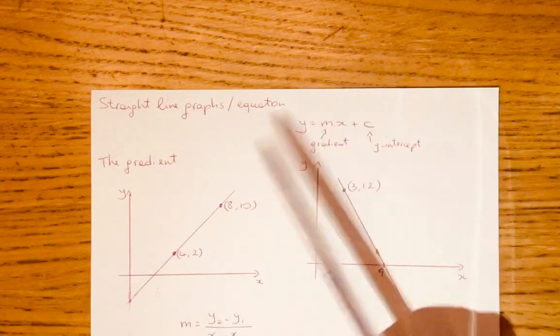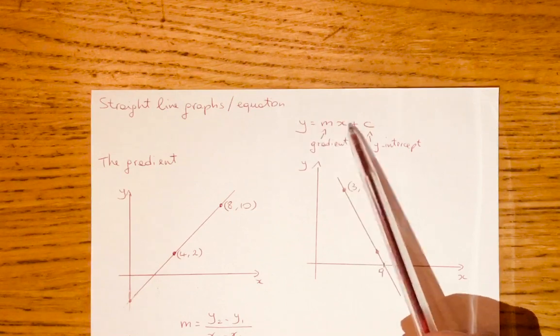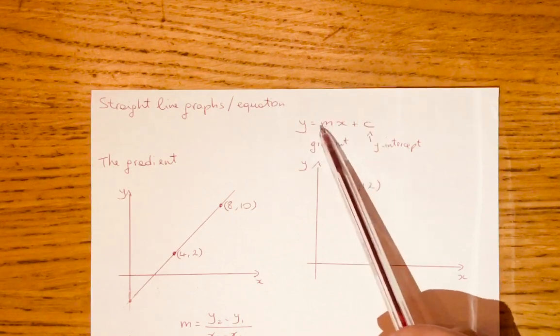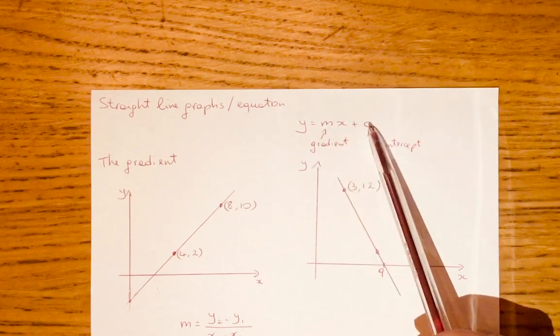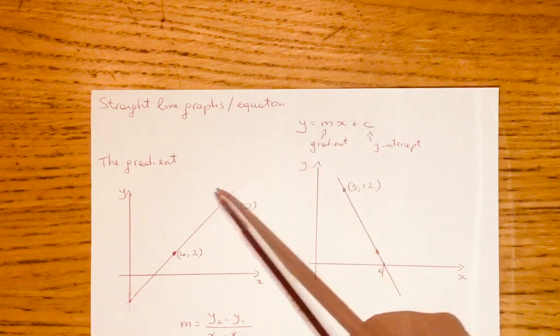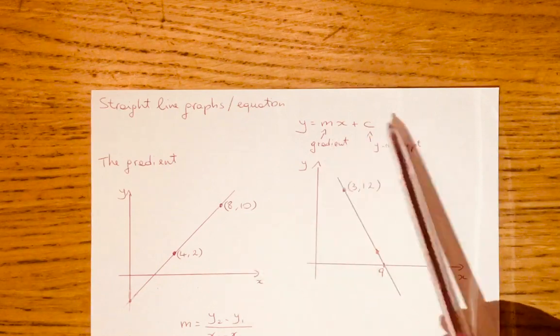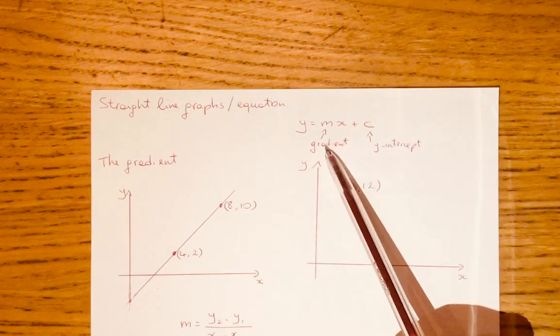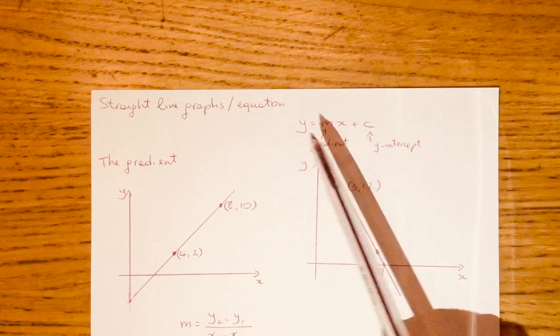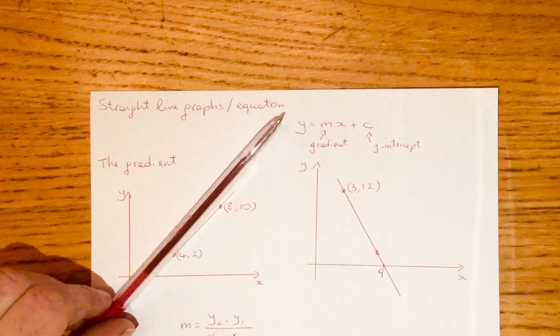The general equation of a straight line is y = mx + c, where m and c are numbers which can be either calculated using points or taken from the graph. m is the gradient, which is the steepness of the line.